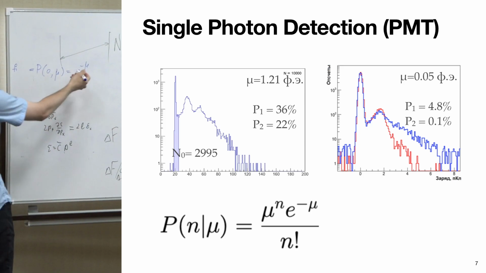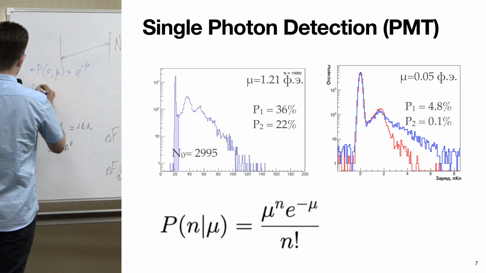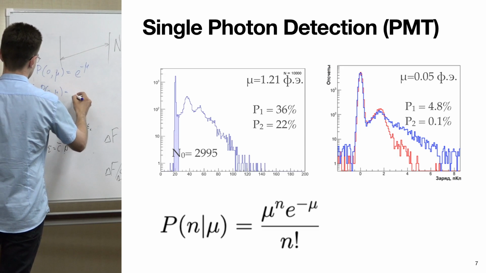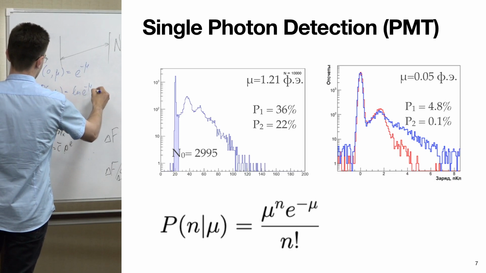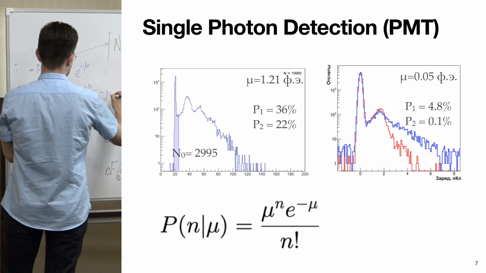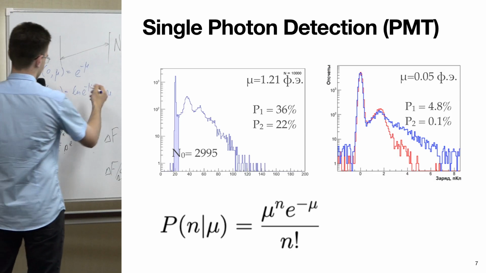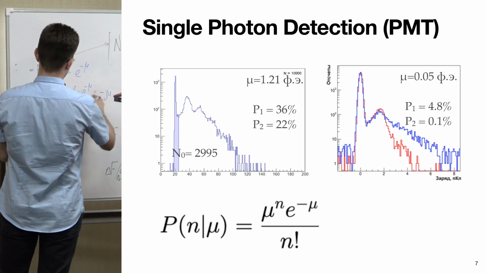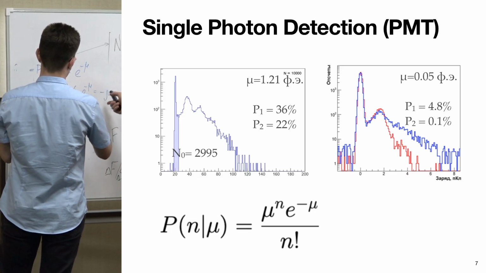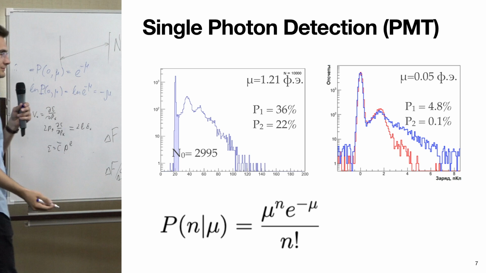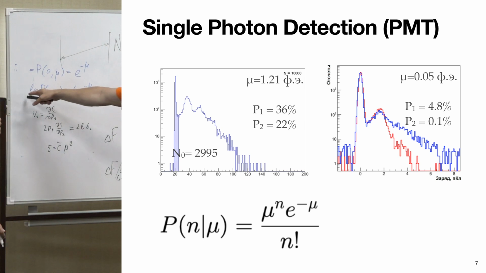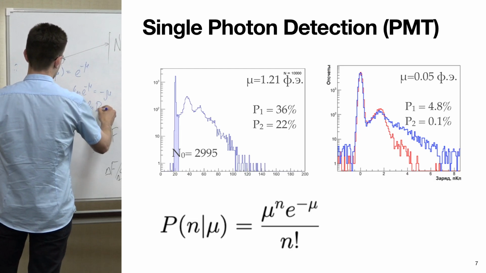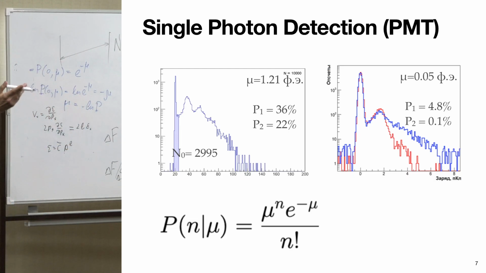And to get mu, yes, exactly. It's going to be the minus mu, right? This is right. So the average value is minus the logarithm, minus ln of the probability of zero photodetection.